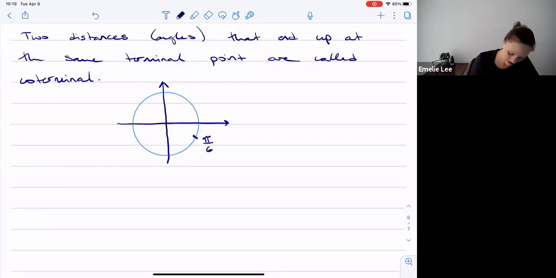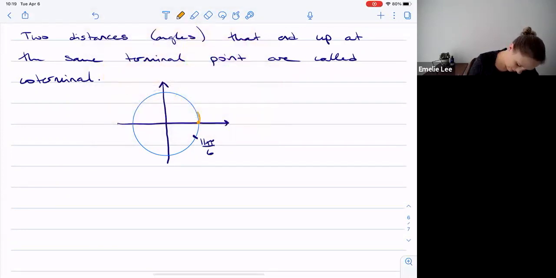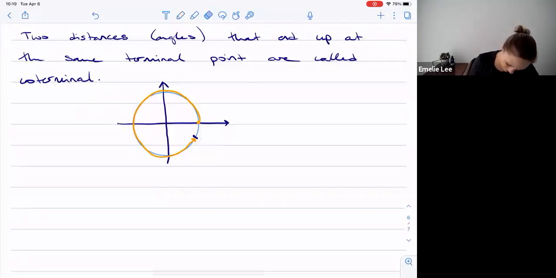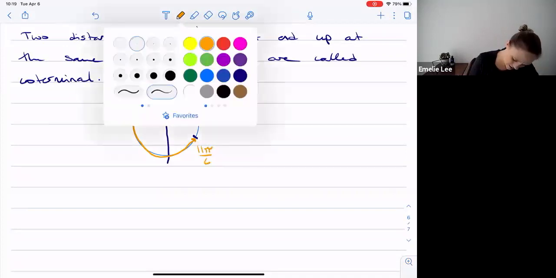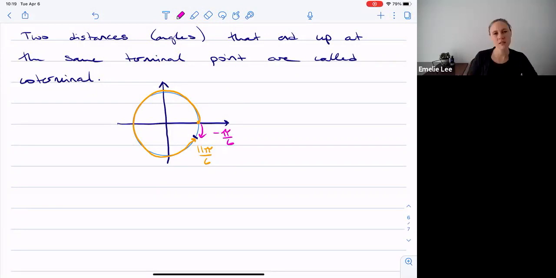So 11 pi over 6, that's moving from here to there, is coterminal, and maybe I'll do it in orange to show. So 11 pi over 6 is coterminal with negative pi over 6.